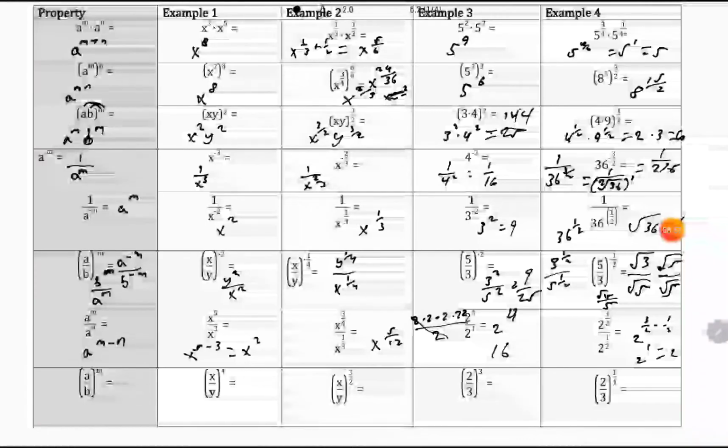Here we go. This is just a to the m, b to the m. I don't know why this wasn't done earlier. x to the 4th, y to the 4th, x to the 3/2, y to the 3/2. You get the drift. Let's move on.